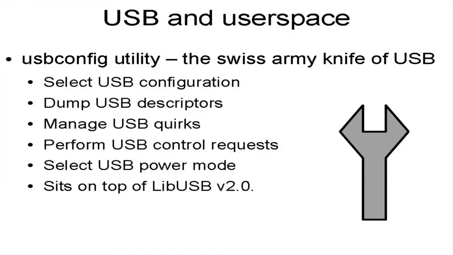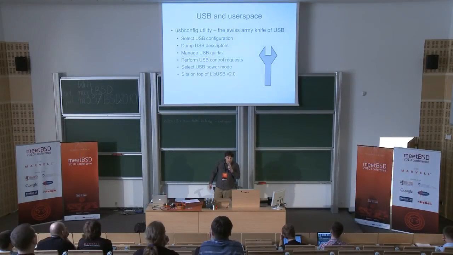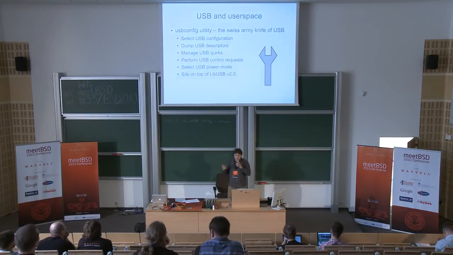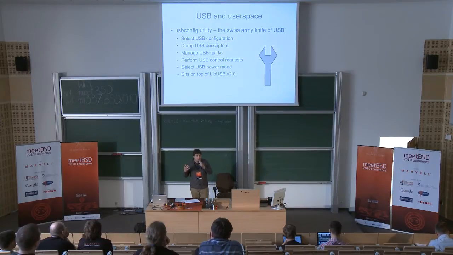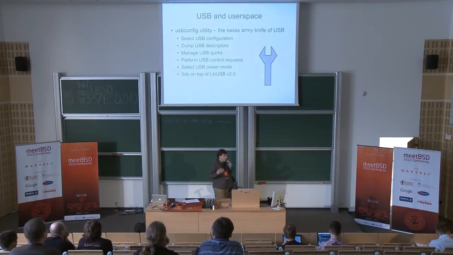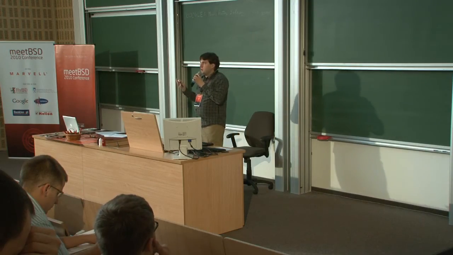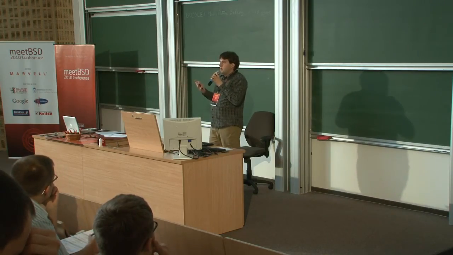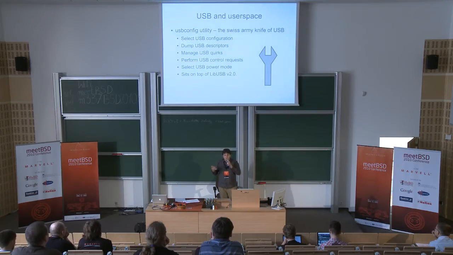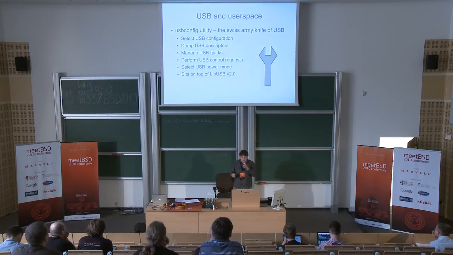To configure the USB stack, there is a utility called usbconfig. This utility can do things like selecting the USB configuration. A USB device can have multiple configurations. It can, in one configuration, be a mass storage device. In another configuration, it can be a modem. It's like a description of itself. usbconfig can also dump USB descriptors.